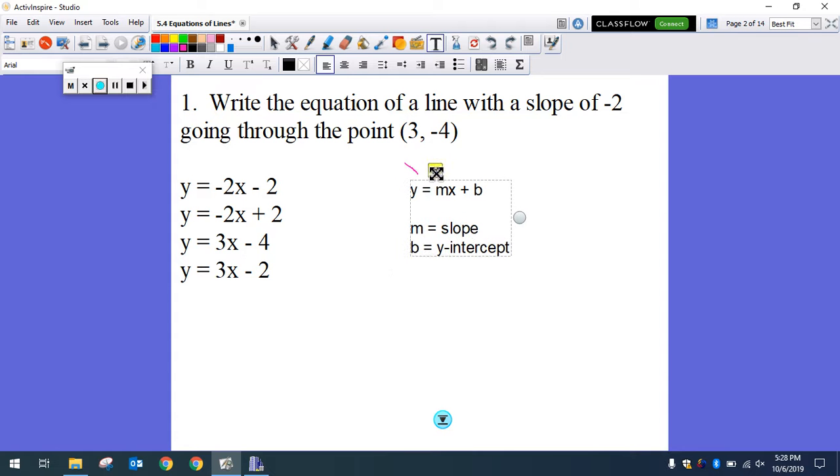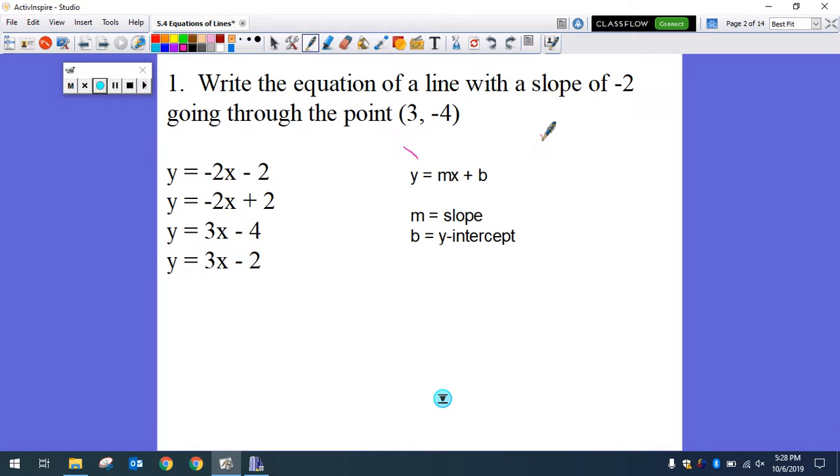So let's look at this question and see if it gives me any part of this. It says write the equation with the slope of -2, okay? Well, look right here. Slope is m, and m always goes with the x. So we want -2 to go with the x. So that means I can already knock out C and D. The slope has to be -2, so it's one of these two.